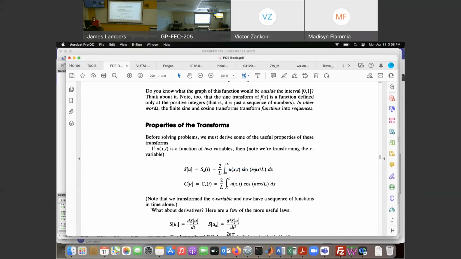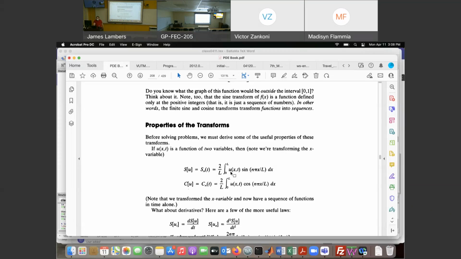Now, that's what you do in general. In this case, the source term is, what was it, sine 3 pi x? Yeah, sine 3 pi. Okay, so because your domain here is 0 to 1, correct? Yeah, so the function you have here is sine n pi x. If your source term is already a linear combination of those functions, then the transform is just the coefficients of those functions.